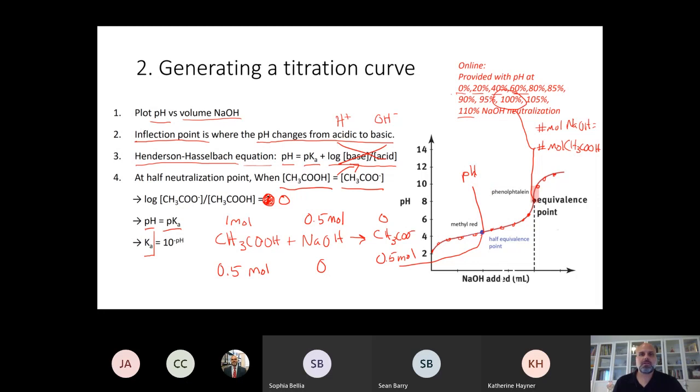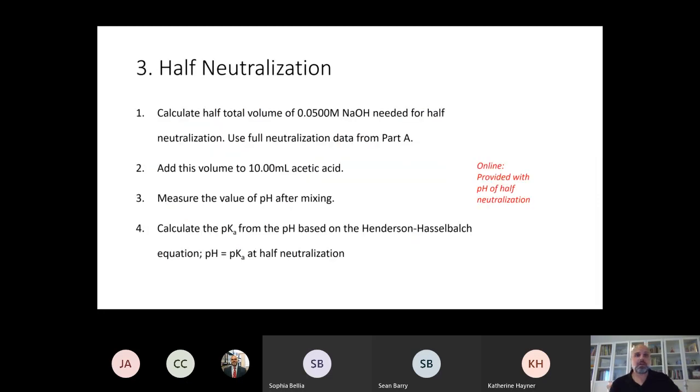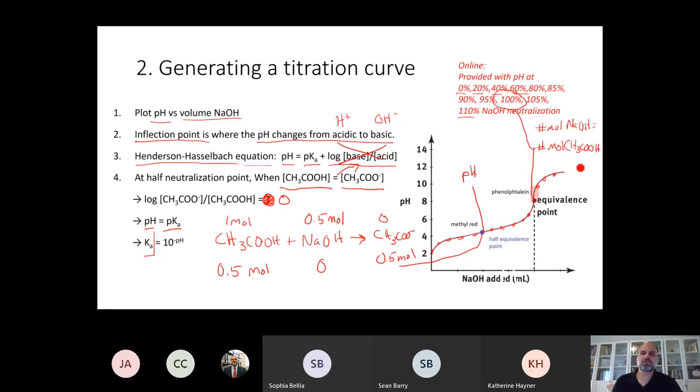And the third method is also a half neutralization, but this one is using the data from part A, right? So in this example, we did a full titration, where it's a little different.